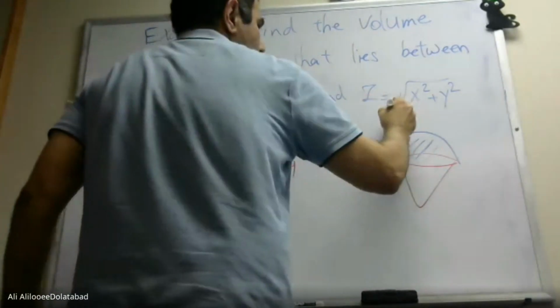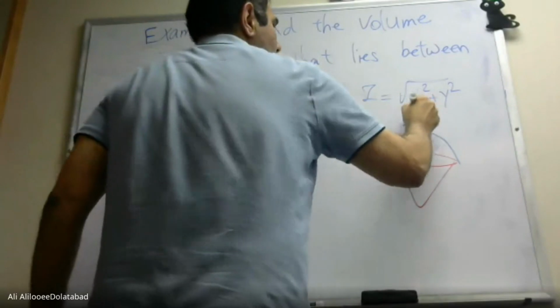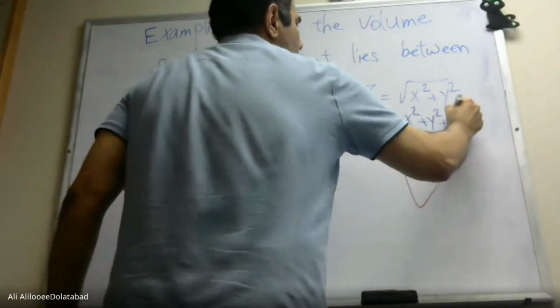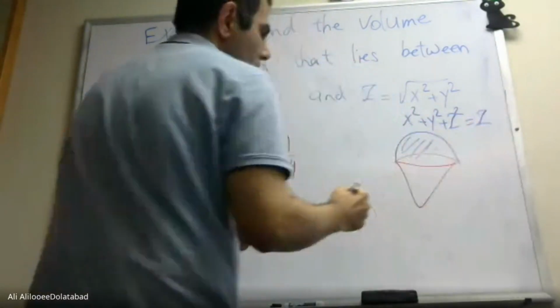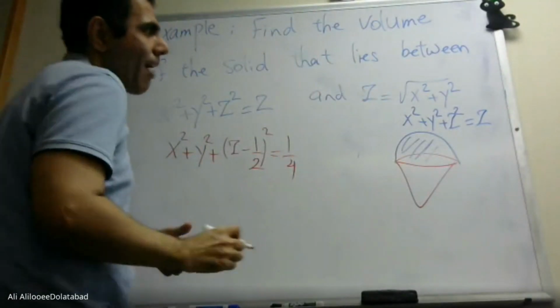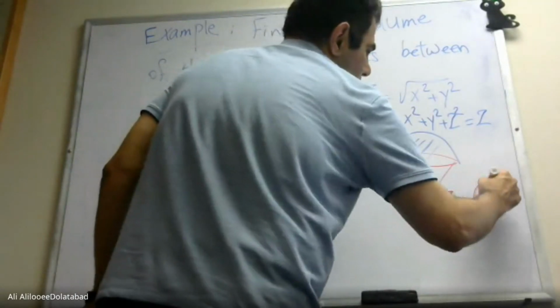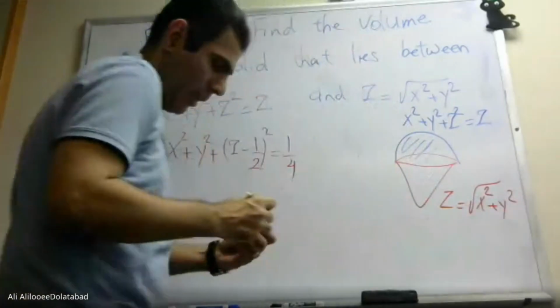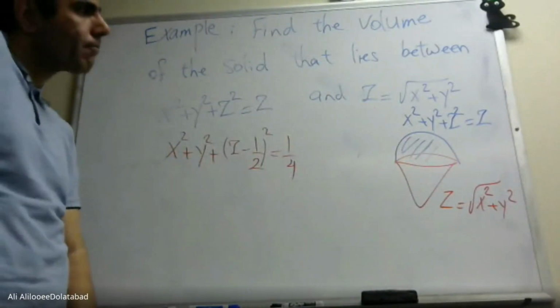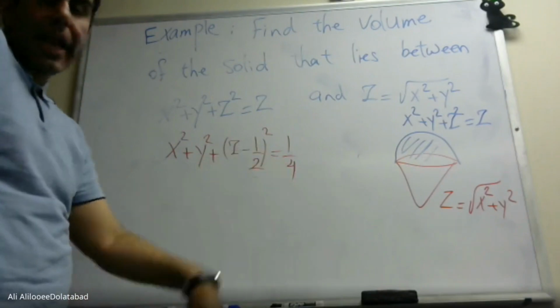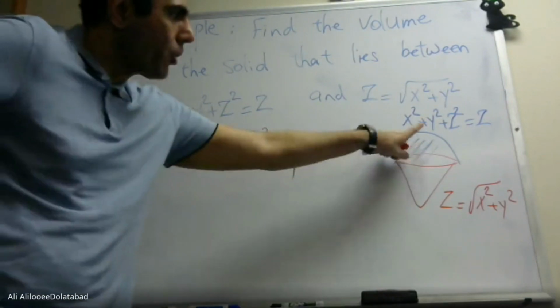Then this blue one is x squared plus y squared plus z squared equals z, the sphere. And we have a red cone, z equals root x squared plus y squared. Then our goal here is to find the volume of this solid.